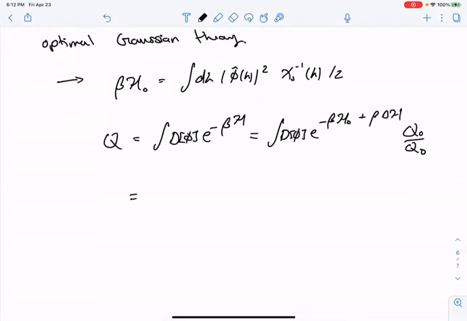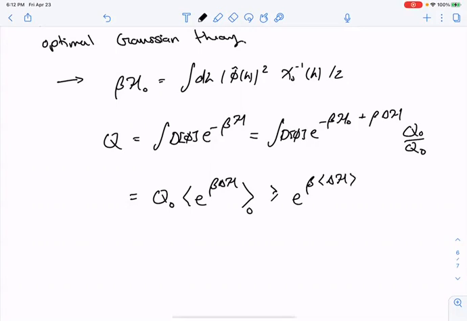So specifically, the full partition function is equal to this Gaussian reference times an average of the change in the Hamiltonian in that Gaussian reference, which is bounded from above or from below by using Jensen's inequality and taking that average inside. So the game we could play is to try to saturate this bound by finding the best chi-naught that most closely approximates the full partition function.